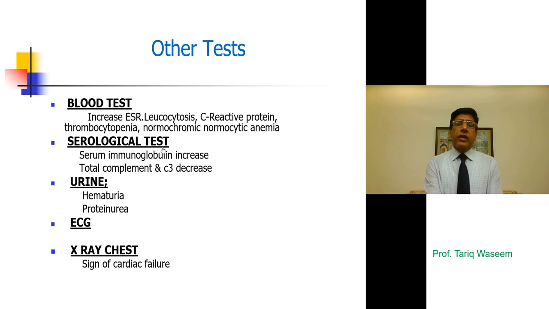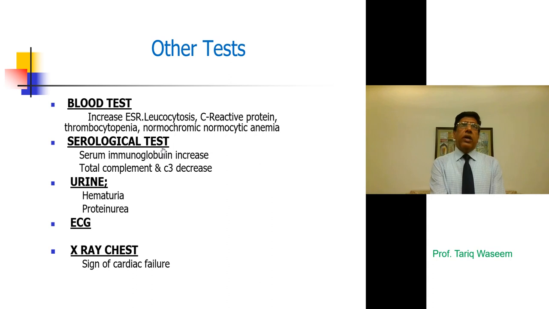If you go for serological tests, since there is recruitment of the immune system, the serum immunoglobulin may be increased, and total complement and C3 may be decreased. In urine examination, you may find hematuria and proteinuria.